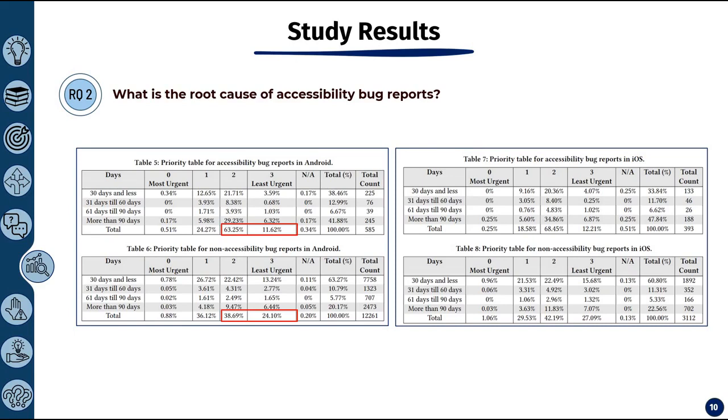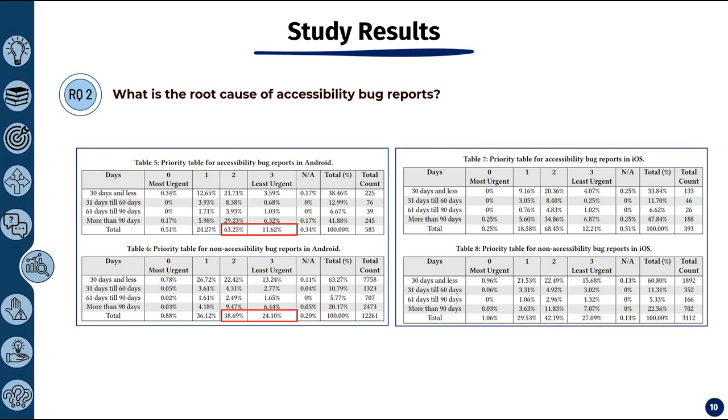Next, we created a priority table, as you can see in this slide, to see which reports, accessibility or non-accessibility, were assigned higher priority to be fixed. To achieve this, we divided the priority into four levels, ranging from the most urgent, 0, to the least urgent, 3, as designed by the Google developers team in their bug repository.